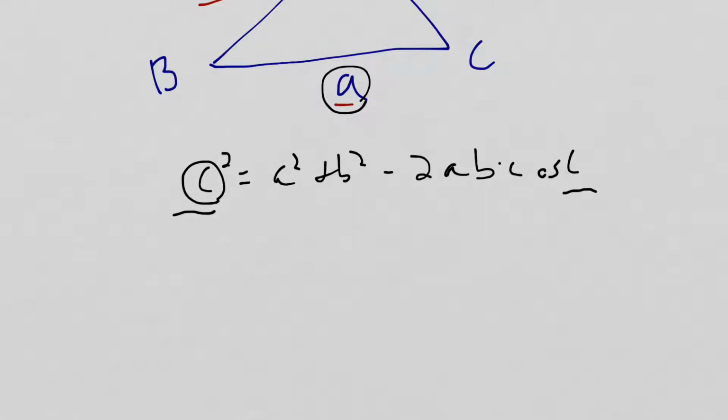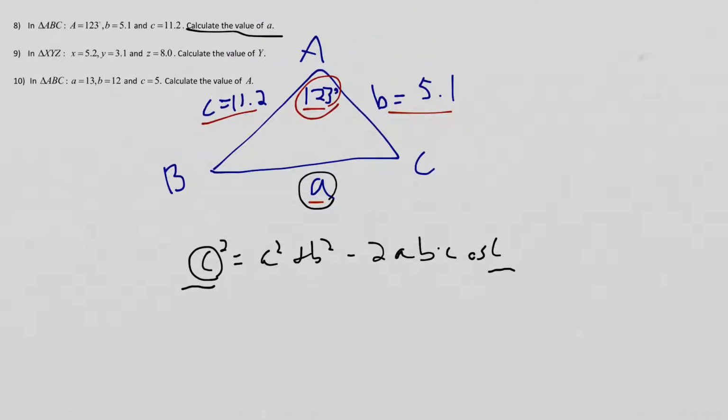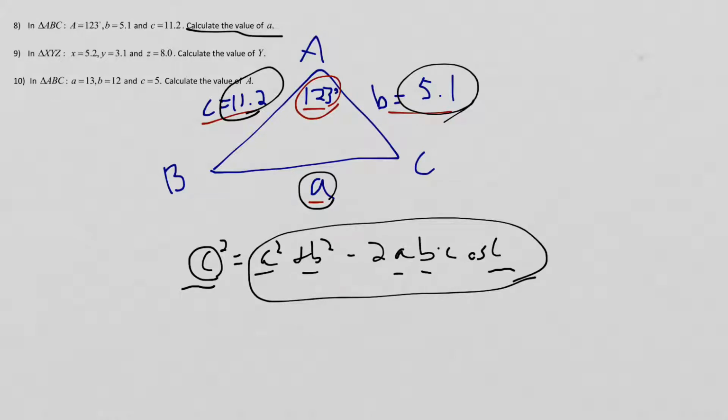A squared and b squared, well, that's not going to matter. You can put in 11.2 or 5.1 for either of those. You're going to take cosine of 123 degrees, and when you calculate the whole thing, you're going to end up with the result of c squared, and then you're going to take the square root of that to finish it off.